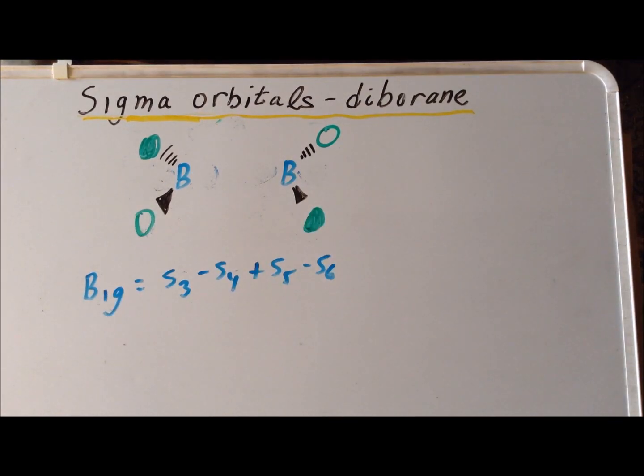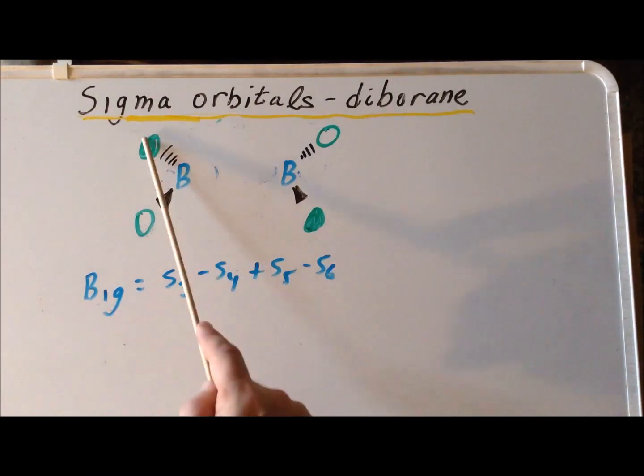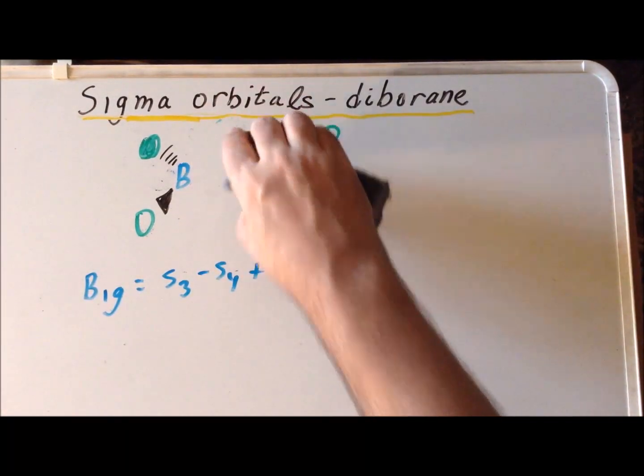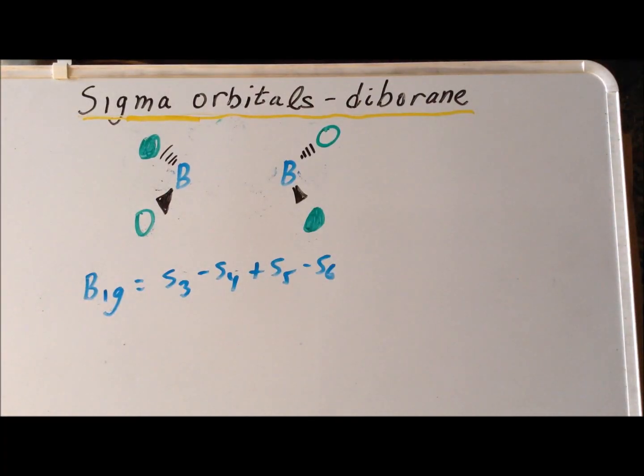Our final molecular orbital that we're going to visualize here is B₁. Mathematically, we have S3 minus S4 plus S5 minus S6. So we see positive, negative phase. So we need to find the appropriate atomic orbitals on boron that have the proper symmetry.